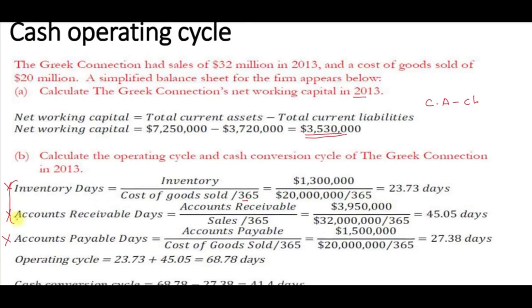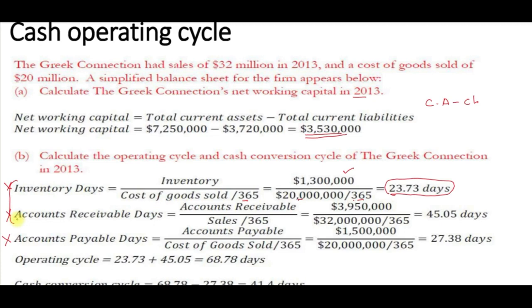So inventory divided by cost of goods sold divided by 365, because we want the answer in days, gives 23.73 days. So inventory stays in the company for 23.73 days.